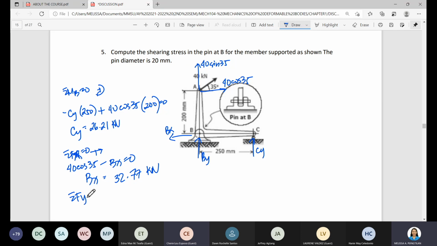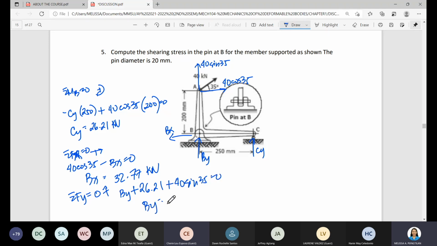So, the summation of Fy is equal to 0, upward as positive. We have By plus our CY, which is 26.21, plus 40 sine of 35 equal to 0.